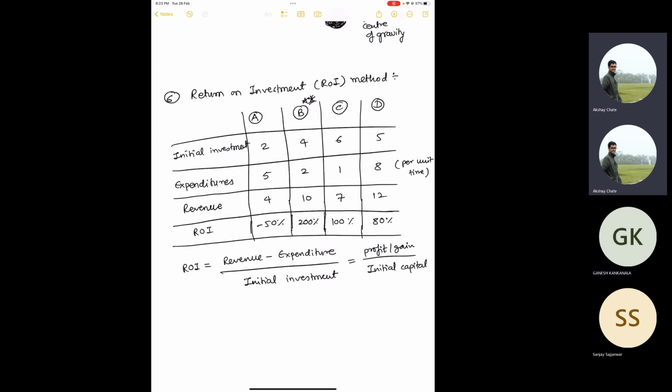So even though this method looks quite easy because all the numbers are given to you, it is not as easy as it seems. For example, if you do a startup, I don't know if you have seen this, Zomato, Swiggy, all these businesses are not yet in profit.